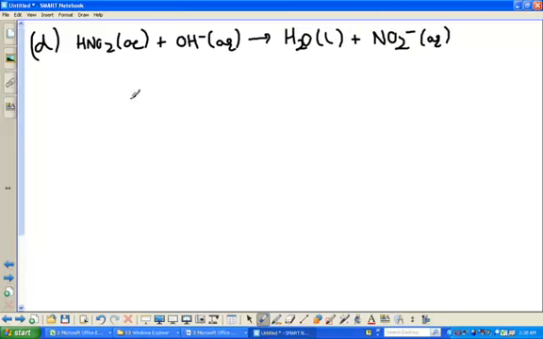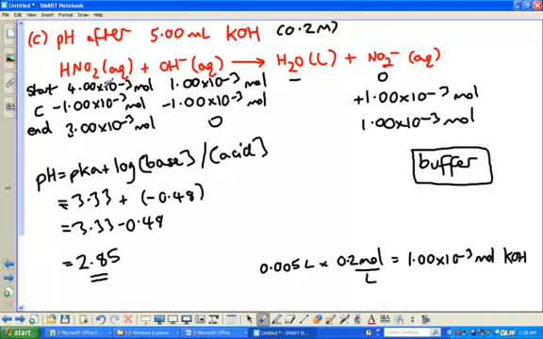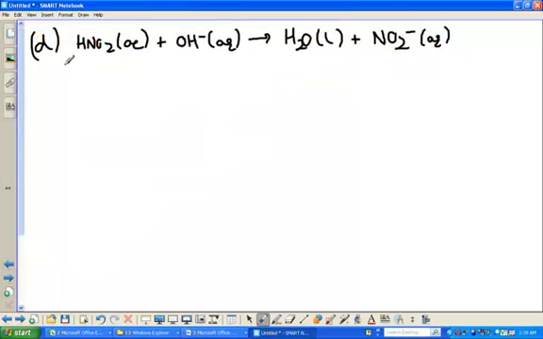Now remember, the half equivalence point means half of the acid has reacted with half of the base. Alright? Now, what that means is, this is the amount of acid that we originally had: 4.00 times 10 to the minus 3 moles of that. I'm going to miss off the mole labels here just to save a bit of space. You remember we said at the half equivalence point, half of the acid has been used up by half of the base.